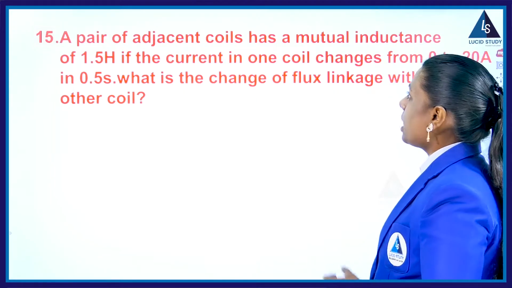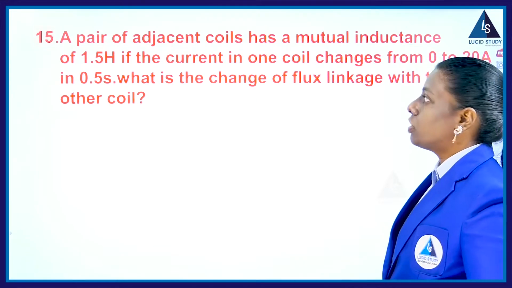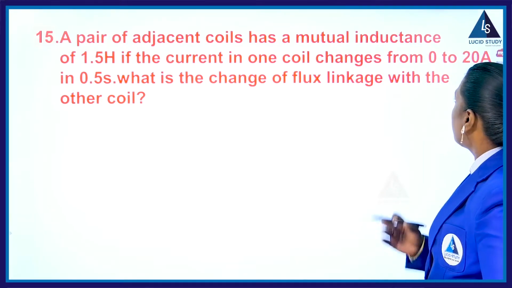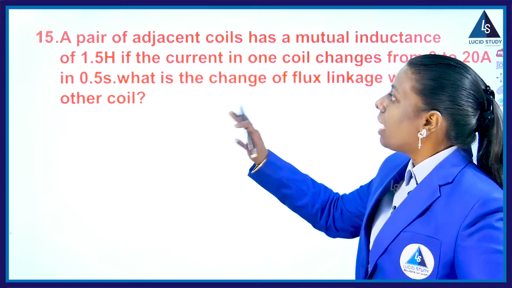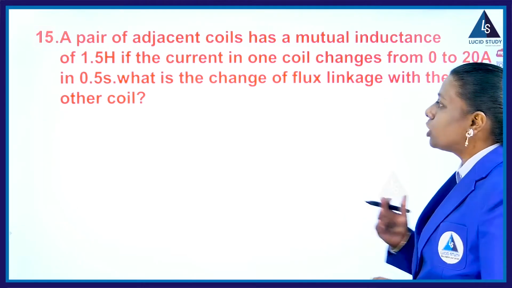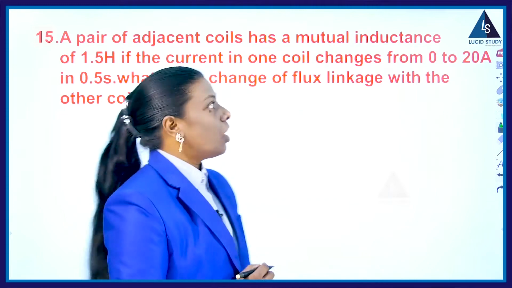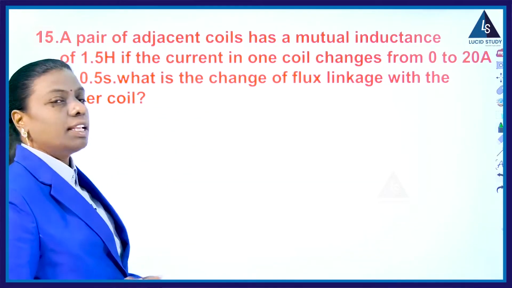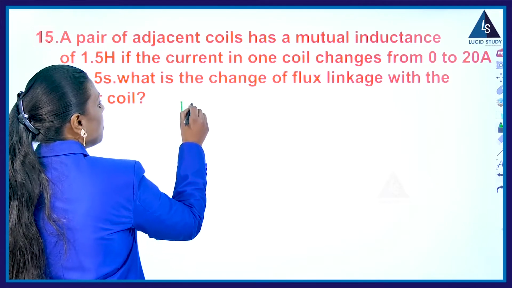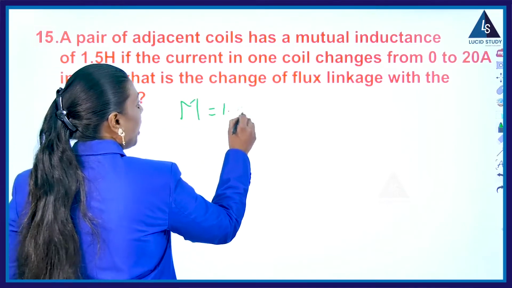A pair of adjacent coils has a mutual inductance of 1.5 Henry. If the current in one coil changes from 0 to 20 amperes in 0.5 seconds, what is the change of flux linkage with the other coil? So mutual inductance M is given as 1.5 Henry.